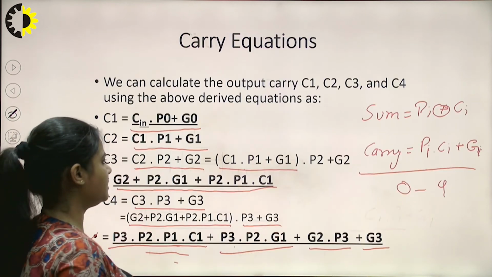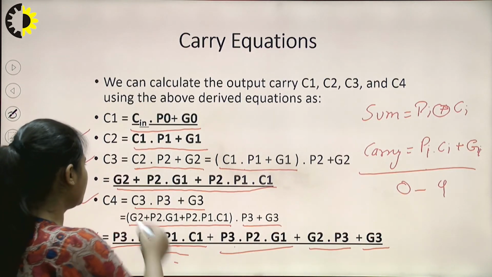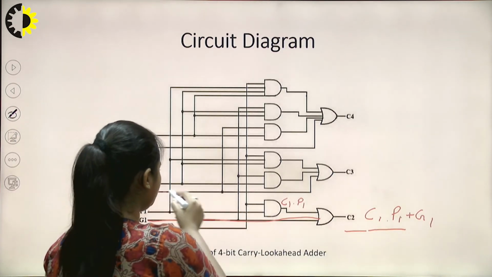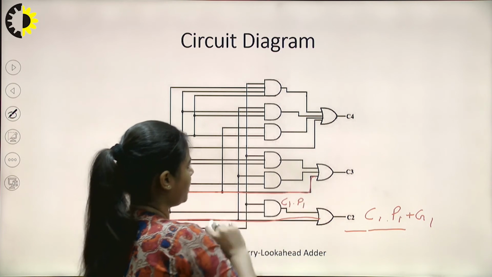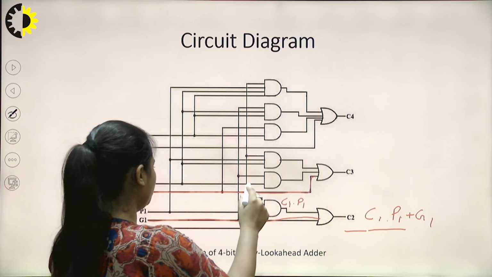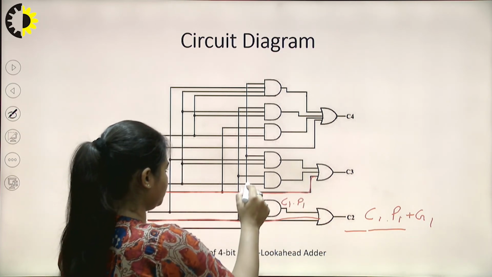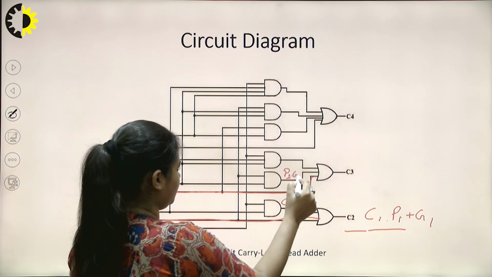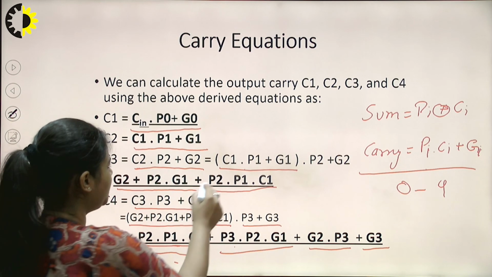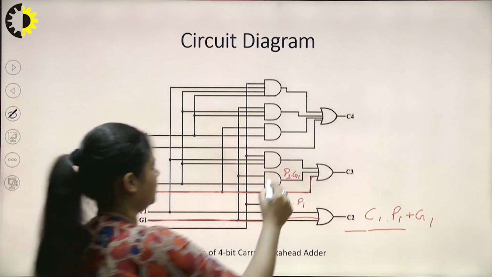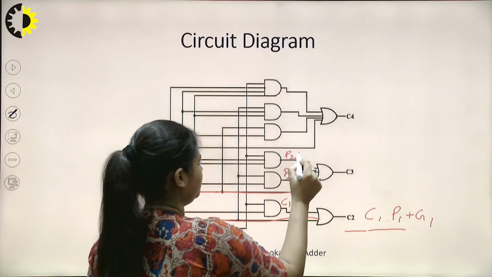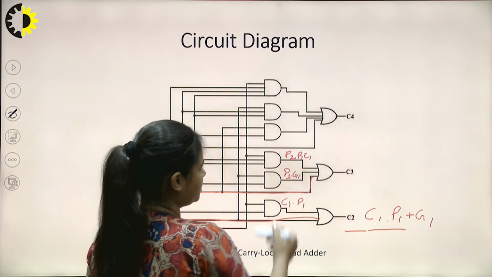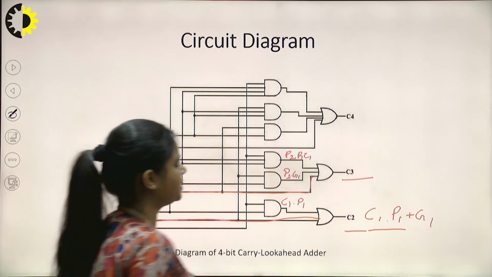Again in C3, we have the equation G2 plus P2 dot G1 plus P2 dot P1 dot C1: G2 directly, P2 dot G1 from here, and P2 P1 C1. We apply the OR gate among all these values, and we have the value of C3.